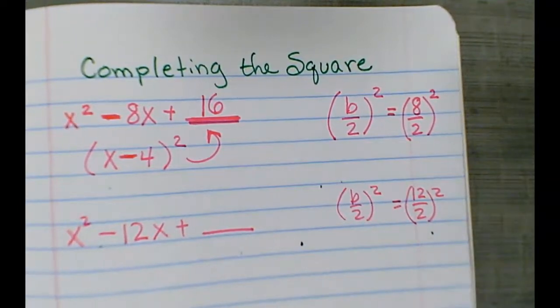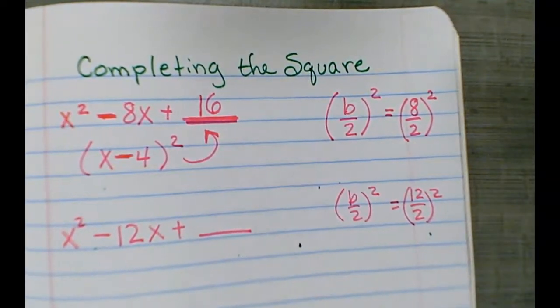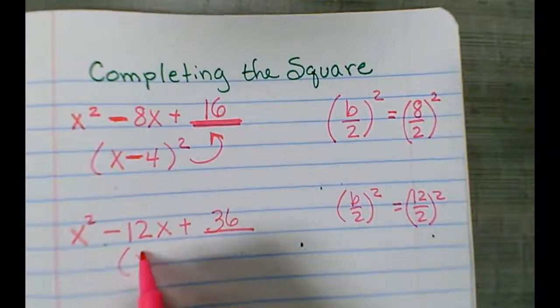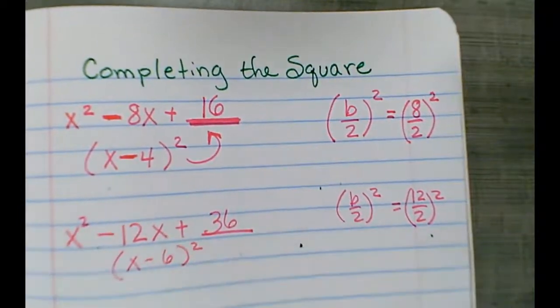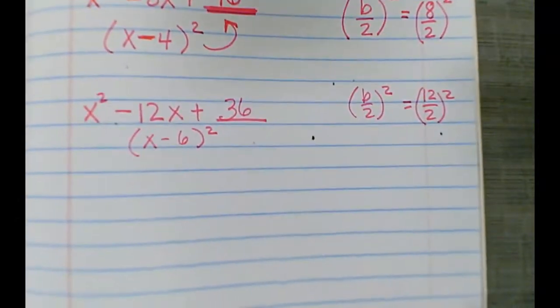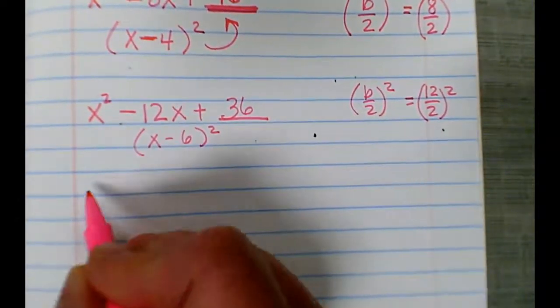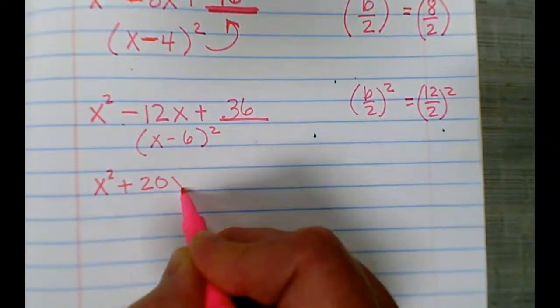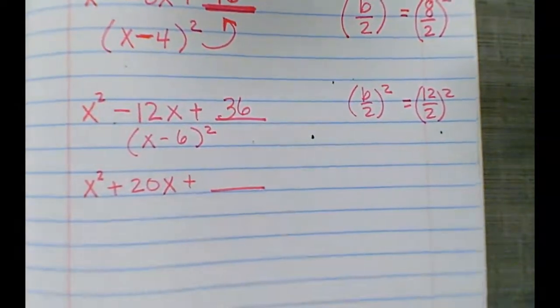It doesn't matter about the positive or negative because when I square it, it's going to be positive anyway. 12 divided by 2 is going to be 6. 6 squared is 36. Now, x squared plus 20x plus what? What's going to be in this perfect square pattern?